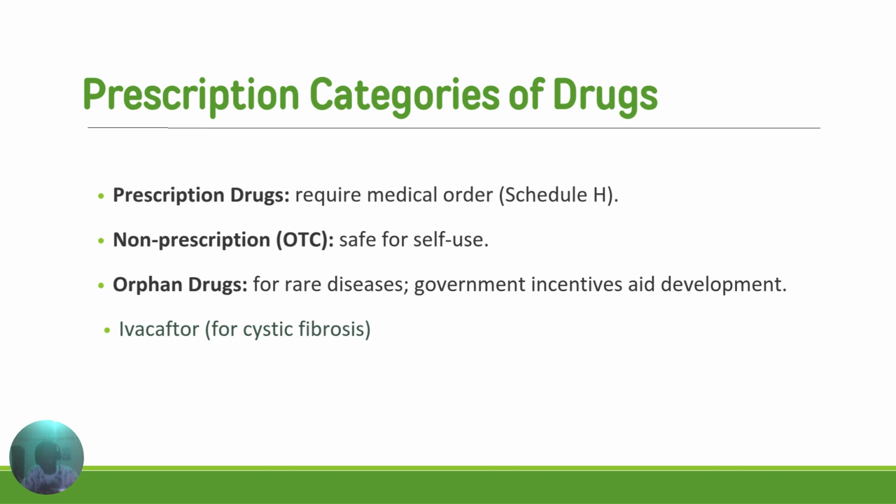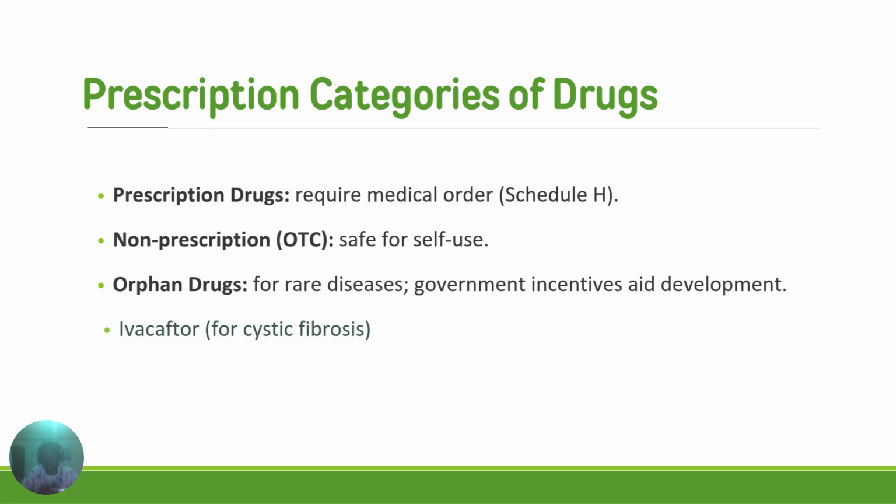These are the drugs that require a medical officer to determine the usage by giving prescriptions. And we also have category number two, non-prescription drugs. These are commonly the over-the-counter drugs which people use, and they have them without necessarily getting a prescription from a doctor. So they are usually safe for self use.